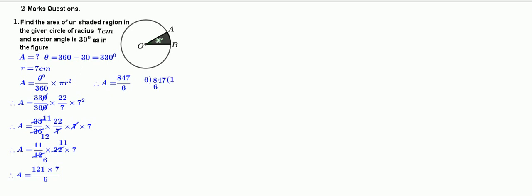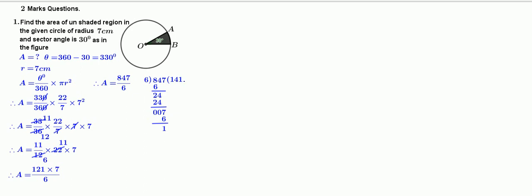847 by 6. 6 ones are 6. Difference of 8 and 6 is 2. Take 4, that will be 24. Therefore 6 4s are 24. Difference is 0. Take 7. 6 ones are 6. Here remainder is 1.